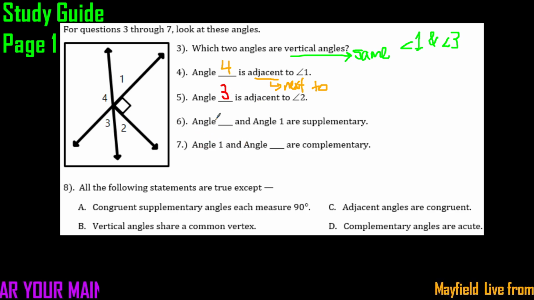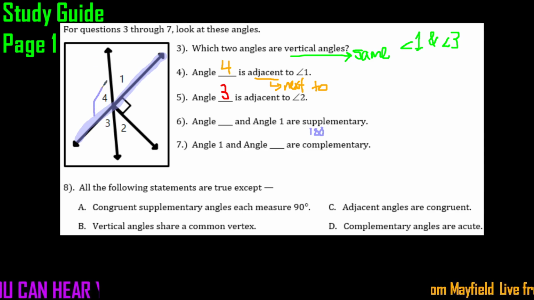Then it says angle blank and angle 1 are supplementary. So that means that two angles add together to equal, again, 180. So again, supplementary is 180 degrees. And if you look, I should be able to make a straight line. That means the two angles added together should be 180 degrees.